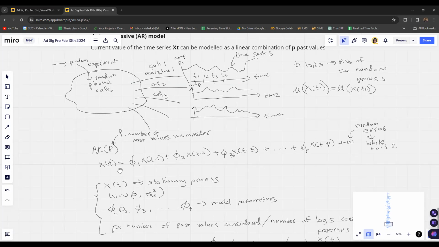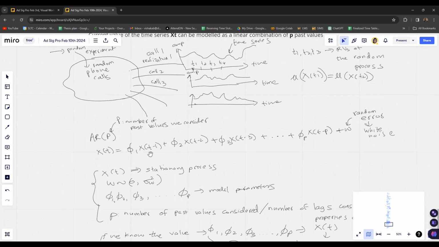It is a combination of past values of the time signals, and past values of this random process. The values can be given by xt minus 1, xt minus 2, xt minus 3, likewise up to xt minus p.